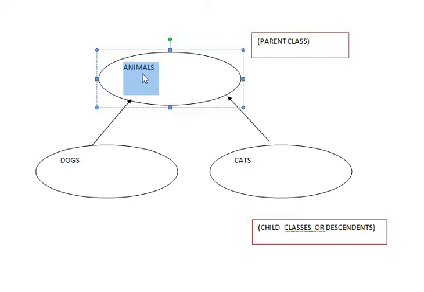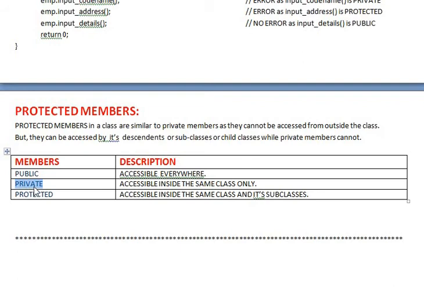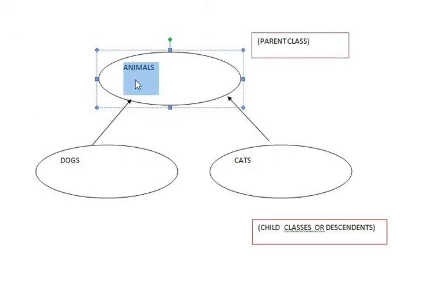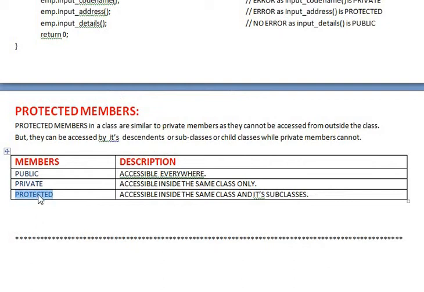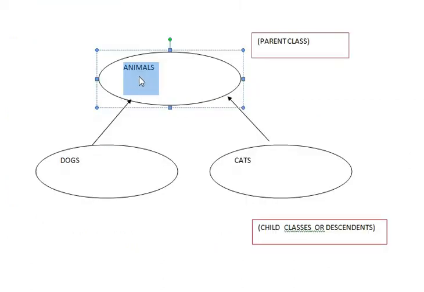So just remember that for this class called animals, if it has private data members, they cannot be accessed from outside of this class. But if the same class called animals consists of protected data members, then also they cannot be accessed from any element that is present outside of this class.